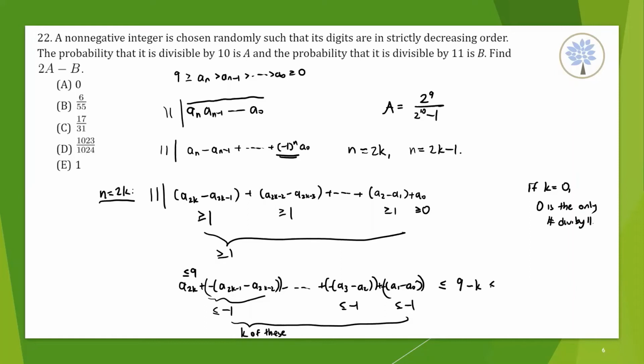And this thing is less than 11. Which means that no matter how many digits there are, this alternating sum is always greater than or equal to 1 and less than 11, and therefore it cannot be a multiple of 11.